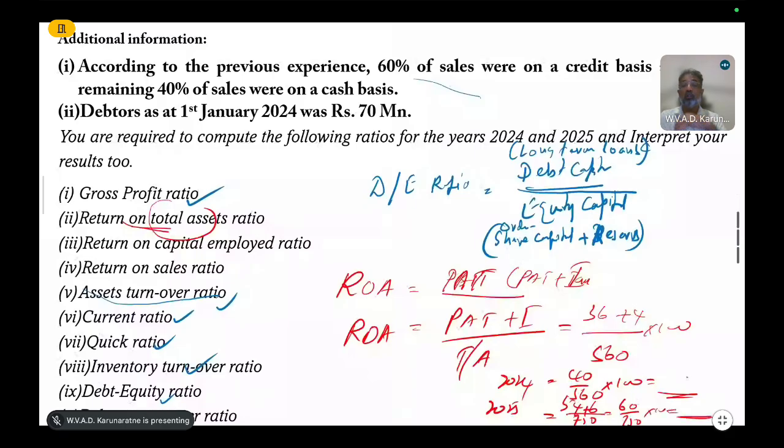Now you can compare. The highest one is good, right? Highest ROA is better.